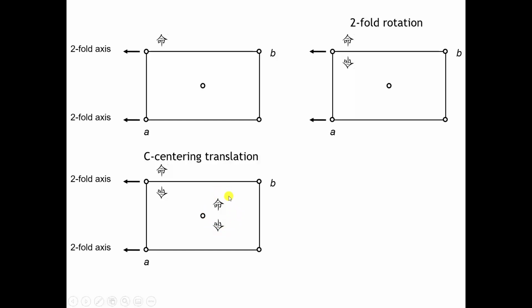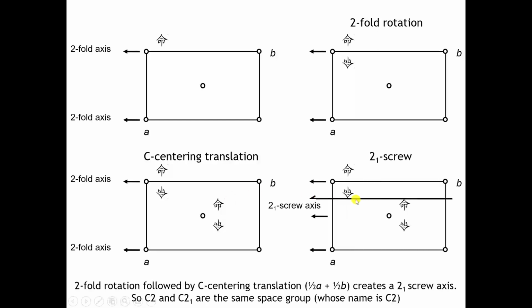Now, if you look at that for a minute, notice that I have generated a 2 sub 1 screw axis. This long arrow with the half arrow head, that's our 2 sub 1 screw axis. If I were to take this character, rotate by 180, it would flip over here, and then translate by 1/2 unit cell, 1/2 the B lattice vector, I would put it right back here.